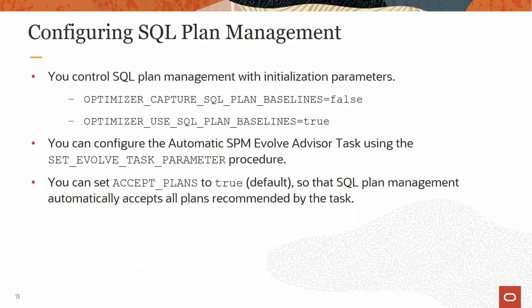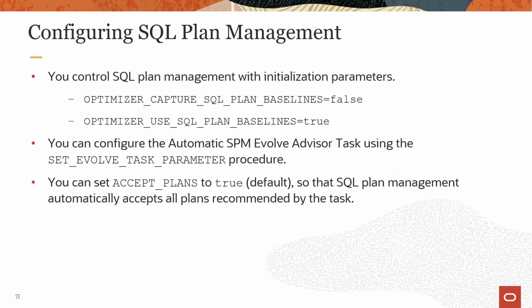Now, first of all, you have to configure SQL Plan Management. There are parameters and packages to be used in order to configure SQL Plan Management. But what I will do first is I will show you an example of SQL Plan Management, how this mechanism works.